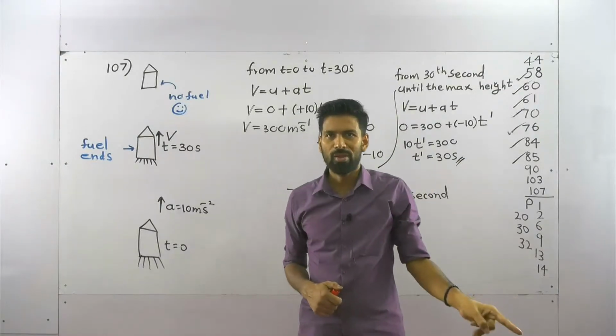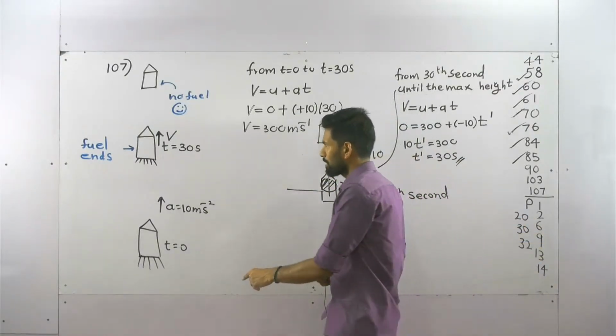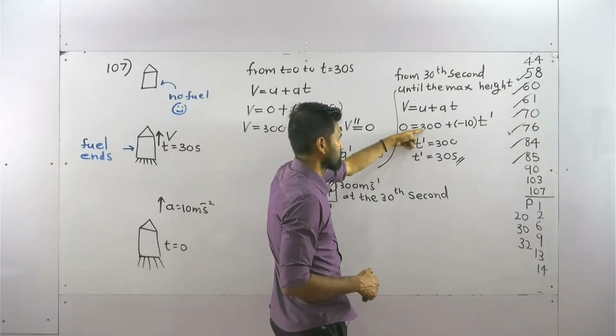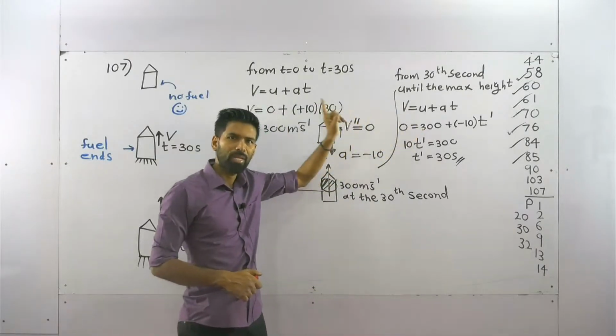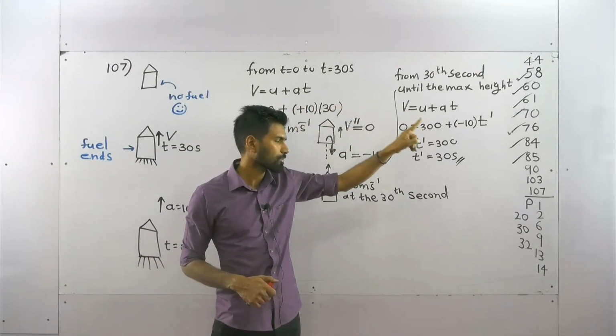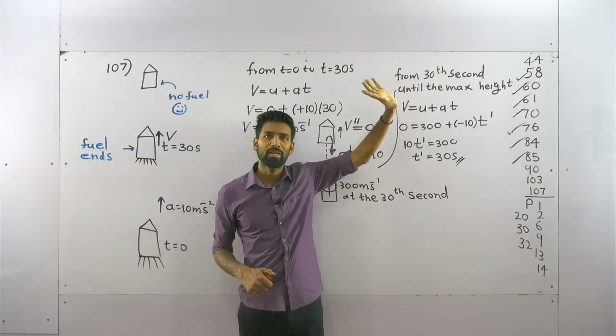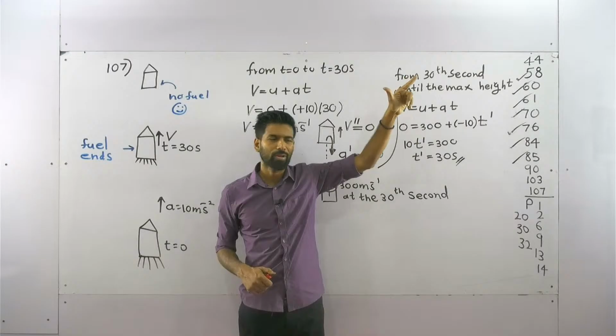Okay, from the instant where the engine starts at the ground, first it took 30 seconds to reach the velocity value of 300 meters per second, and then it takes another 30 seconds up to the highest point, completing that part under the motion of gravity.